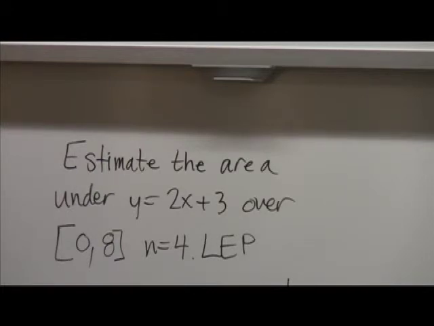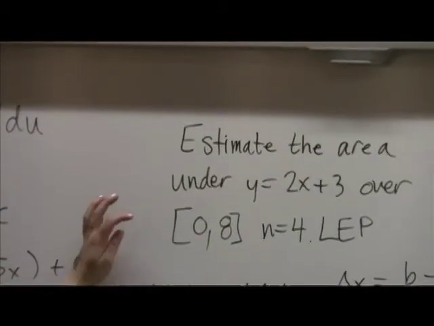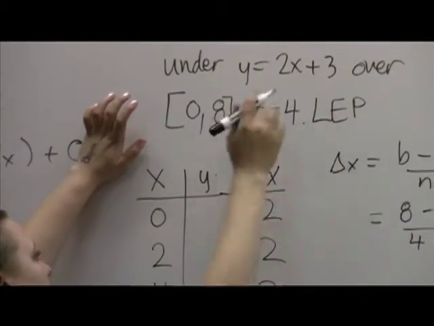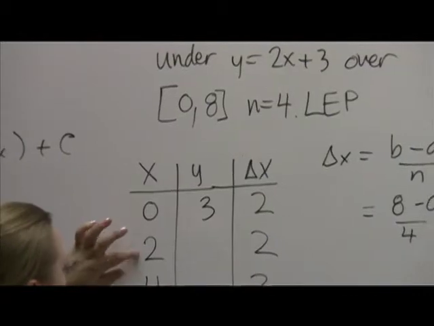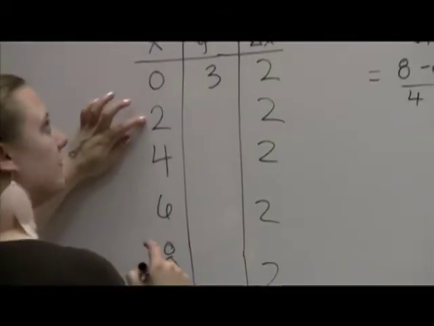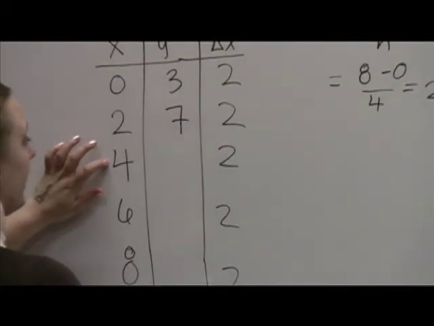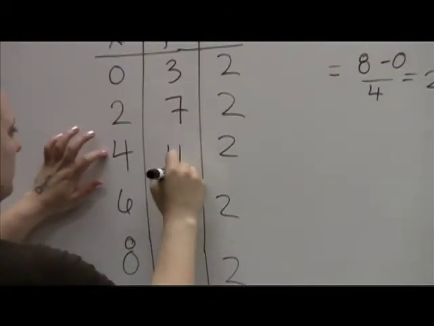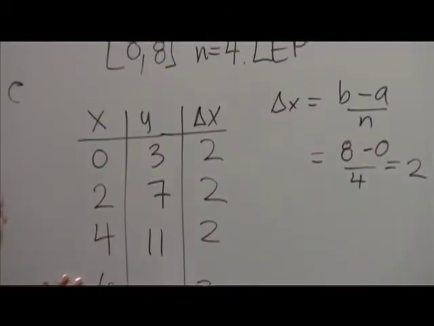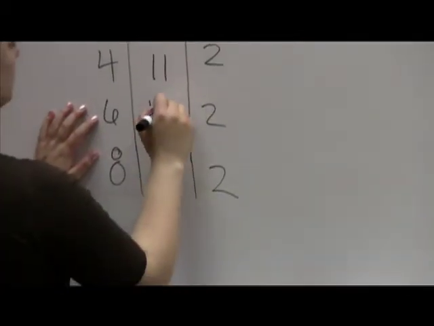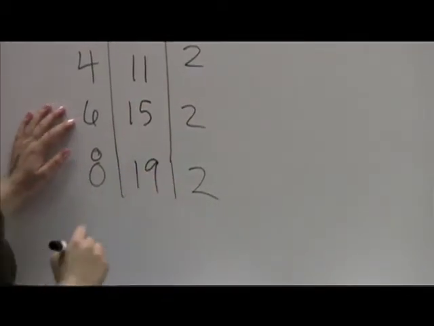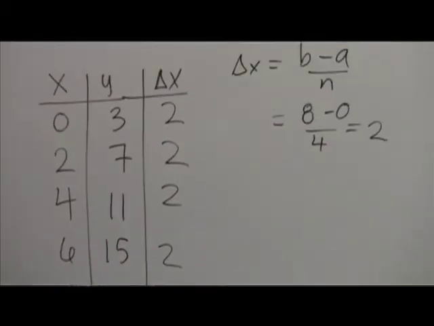Then all of my delta x's are 2. If I plug in 0 to my equation, I start with 3. If I plug in 2, I have 4 plus 3. If I plug in 4, I have 8 plus 3. If I plug in 6, I have 12 plus 3, etc. Are you guys following me?